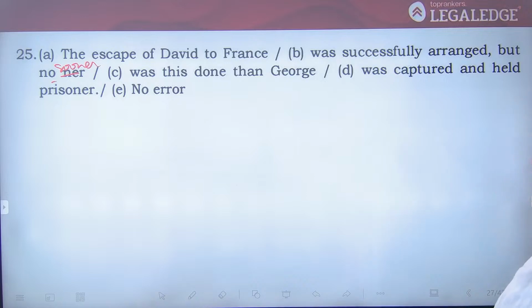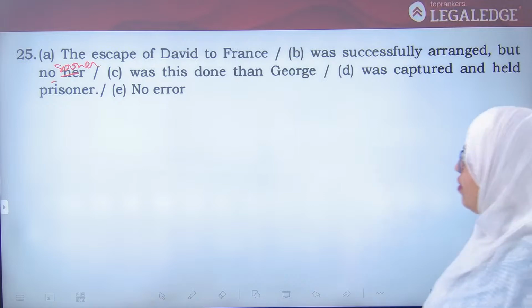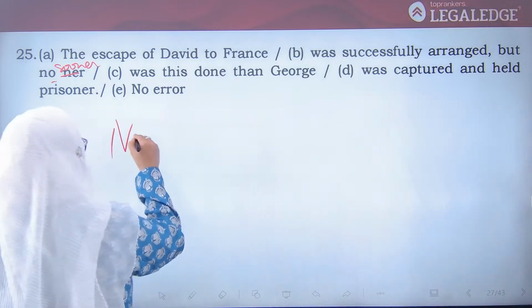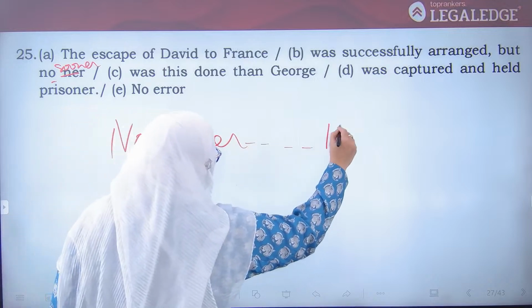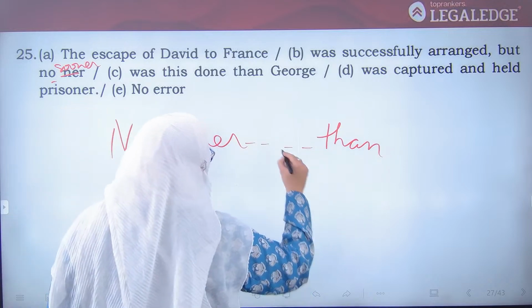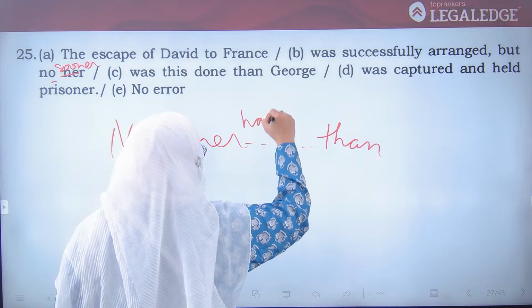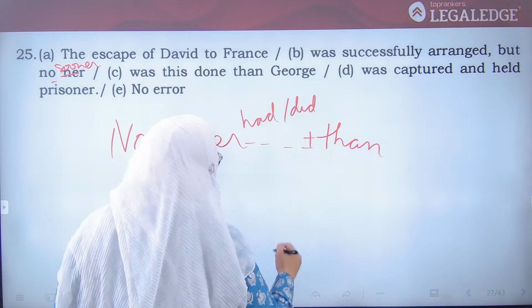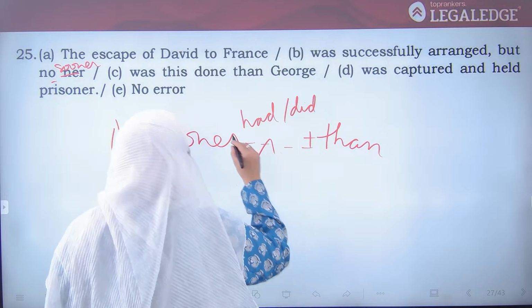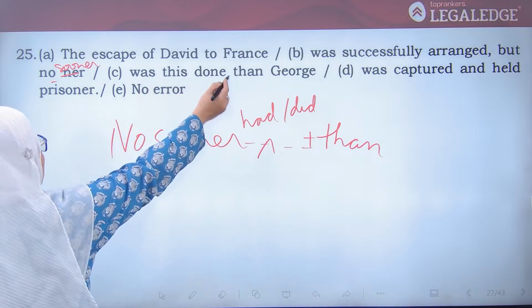The escape of David to France was successfully arranged, but no sooner. We already know the combination. No sooner के साथ than आता है और यहाँ पे had और did में से कुछ एक आता है. ठीक है, तो no sooner was this done.